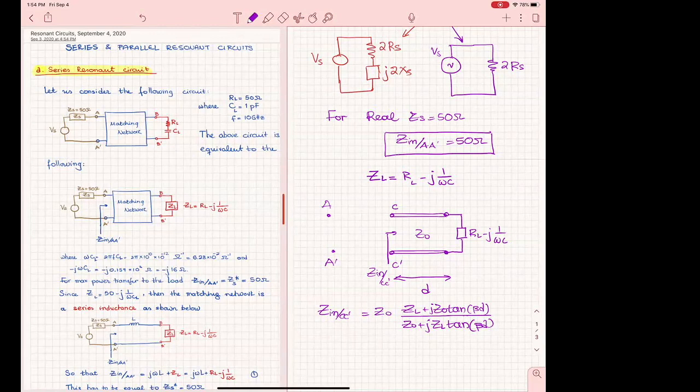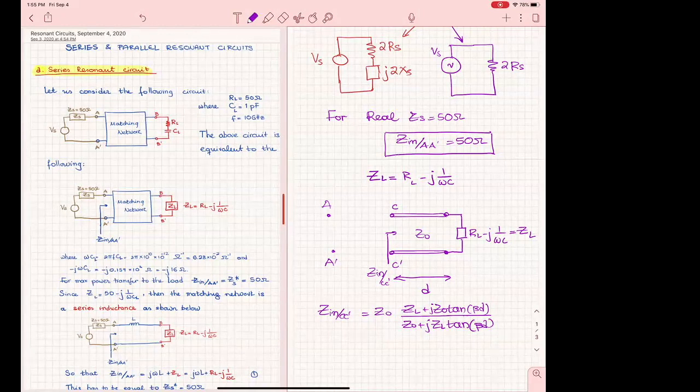The question was, in our case, this is a complex load. If we were to use a section of a line to match it, then you said that we cannot do it without adding a stub, and I'm trying to explain why. Why do we have to add a stub?